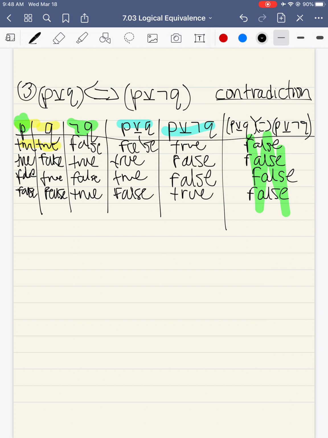So now we're going to take a look at logical equivalence. So let's write our definition of logical equivalence.